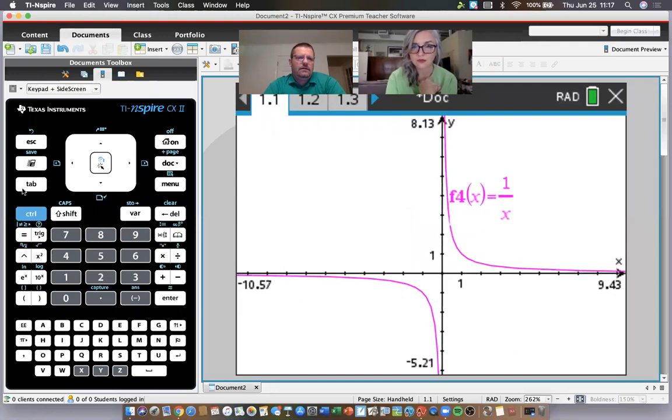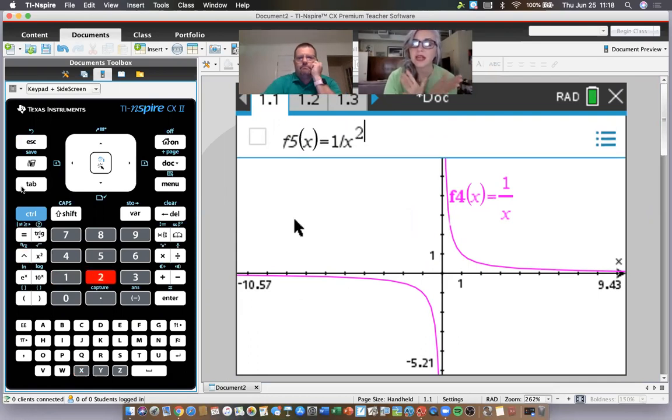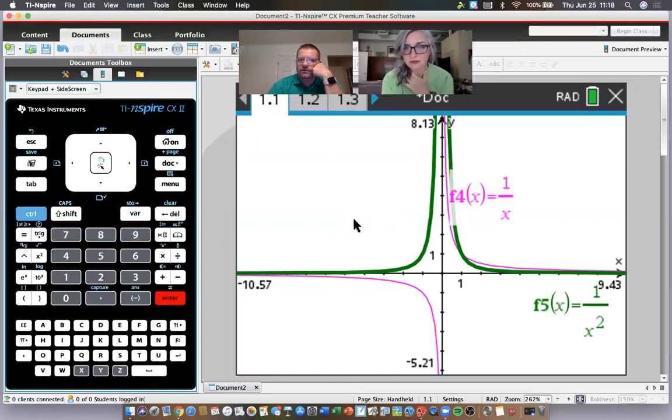Okay, so let's look at a slightly different graph. I'm going to hit another one in here, 1 divided by x squared. What I would expect to happen now is all those negatives on the left side of the graph underneath the x-axis, we're going to square those. So we should expect to see them pop up into the positives. And that's what happened.